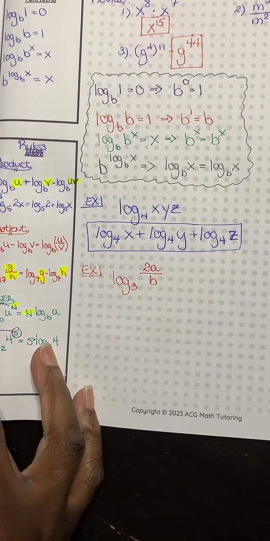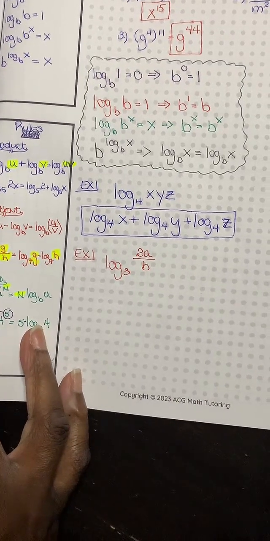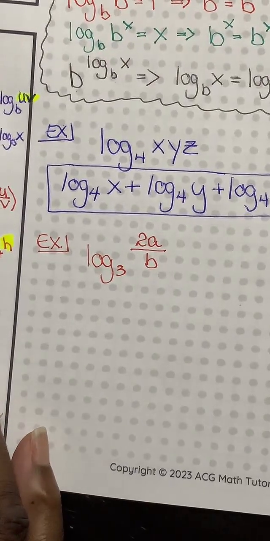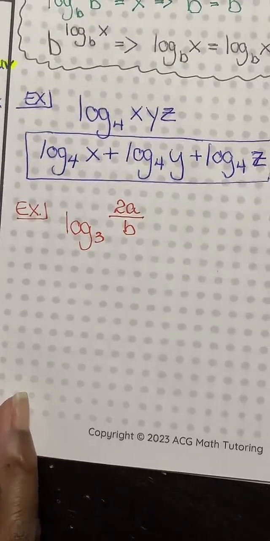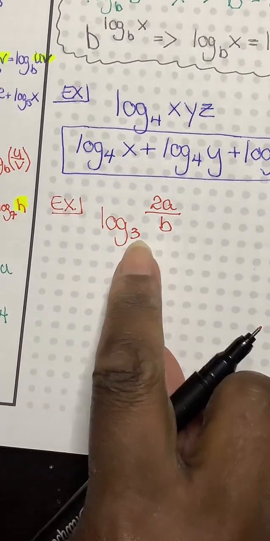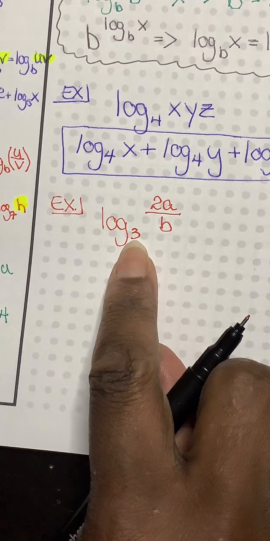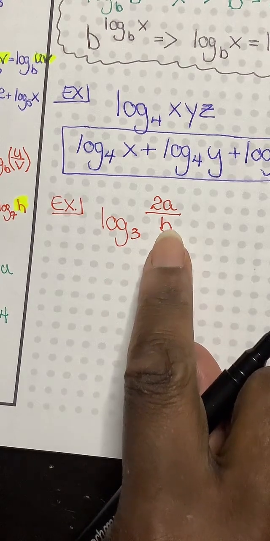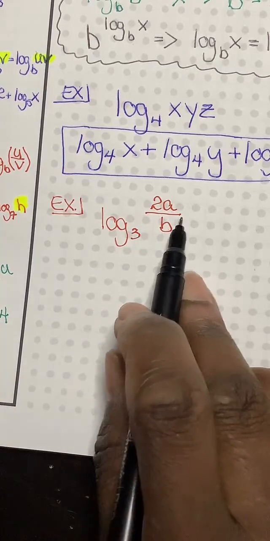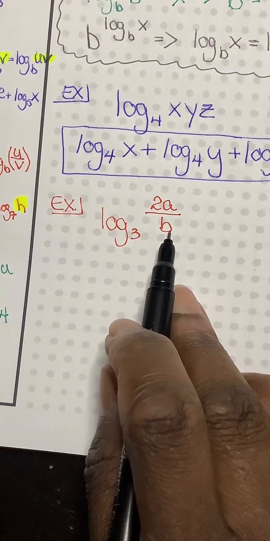Okay, there you go. All right. So now we have our log base 3. But the main star is what's happening right here. We have 2a divided by b.